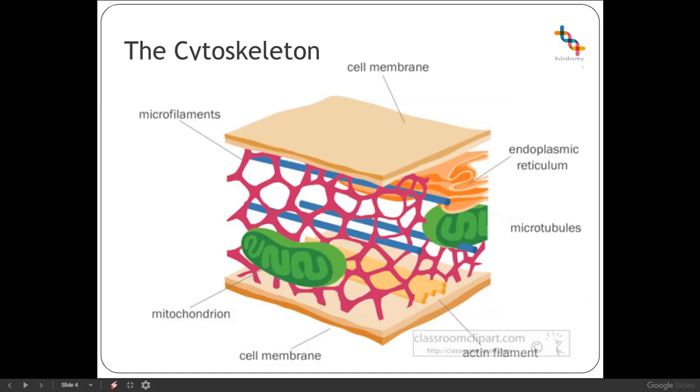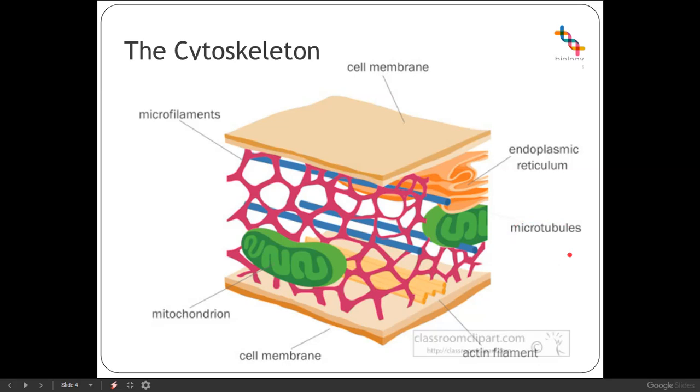The cytoskeleton is in fact a network of protein fibres that's extending through the cytoplasm in all eukaryotic cells. It's got a few different proteins to it. There are microfilaments, which are these ones here. We've got actin filaments down here, and we have microtubules.